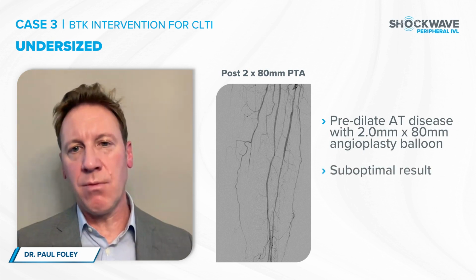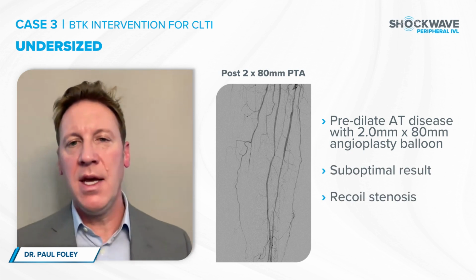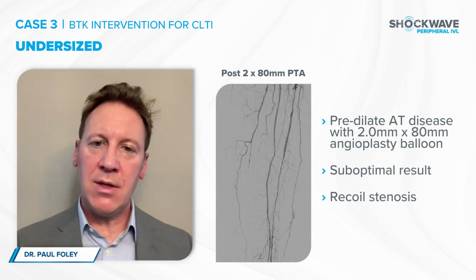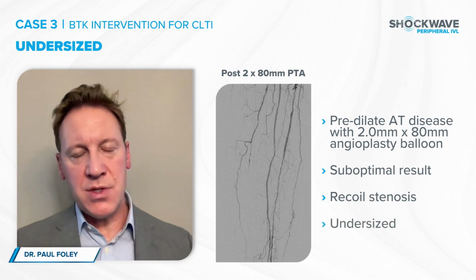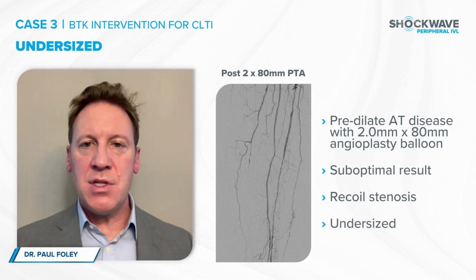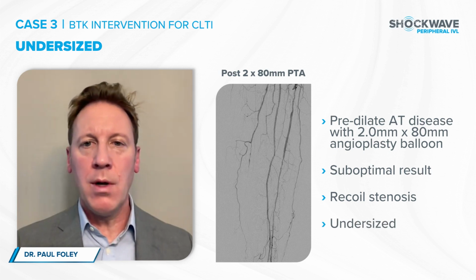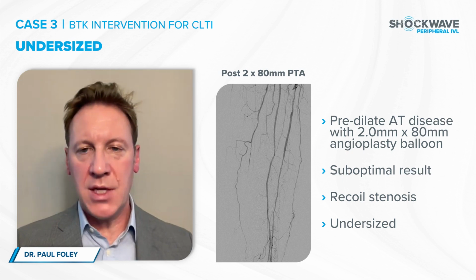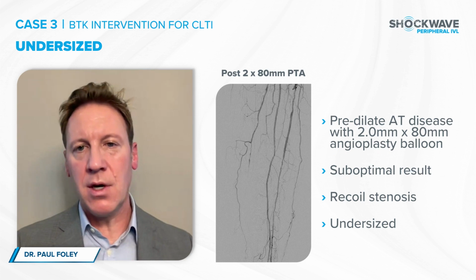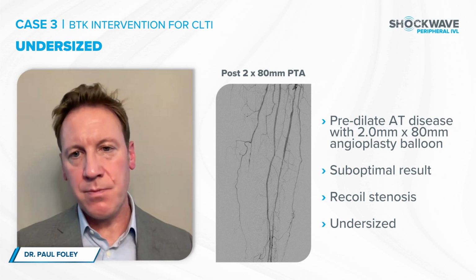There was significant recoil stenosis in the area of calcification and I did not achieve the luminal gain I was hoping for. This is one of these situations where historically you have a decision to make and balance between a larger balloon or higher atmosphere intervention, which could potentially damage the vessel, cause a dissection, or lead to tibial artery thrombosis.